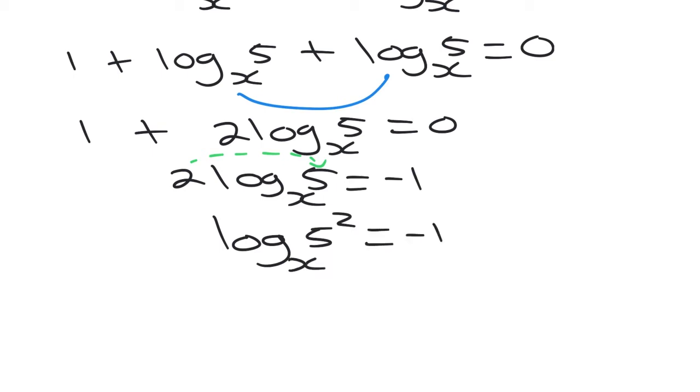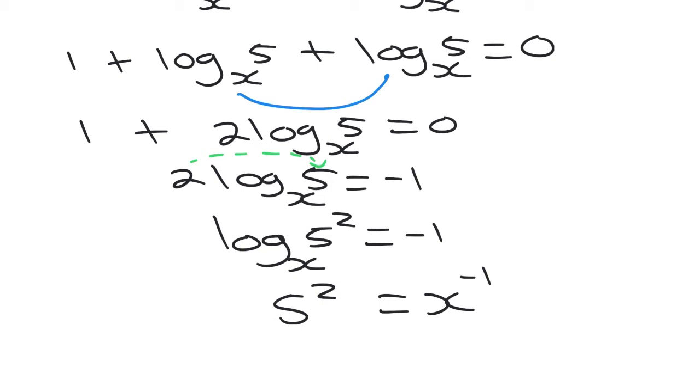So let's take this to exponential form. We have log of the number, so the number is 5 to the power of 2, the base is x, and the exponent is negative 1. So that's what we took a look at there.